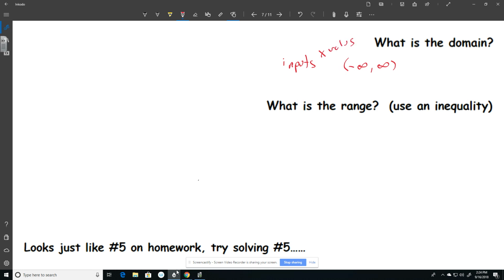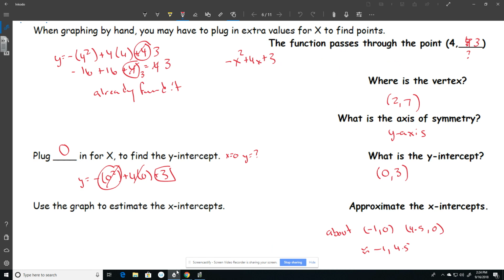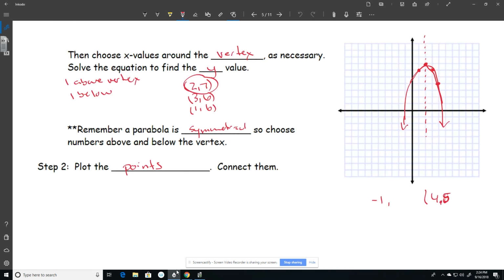What is the range? I need to look at my picture. For y, going up and down, this graph is going to go down forever. That means my y values are going to get smaller and smaller and more negative. But as I'm going up my graph, it stops right here at the vertex and goes back down.